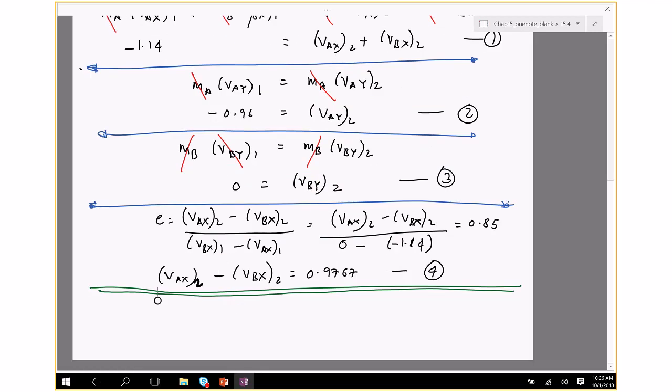So what you get is, I'm going to write this as a vector, VA after impact is minus 0.086 I minus 0.964 J, and velocity of B after impact, VB2, equals minus 1.63 I meters per second.